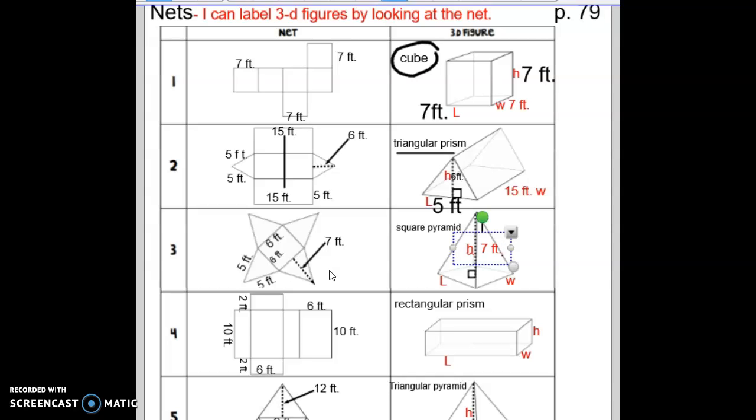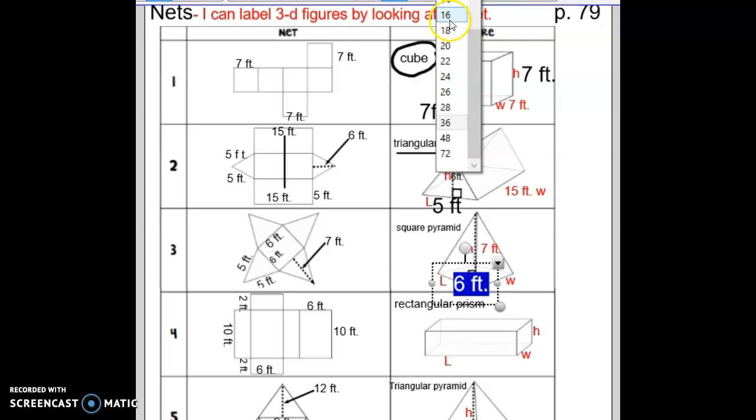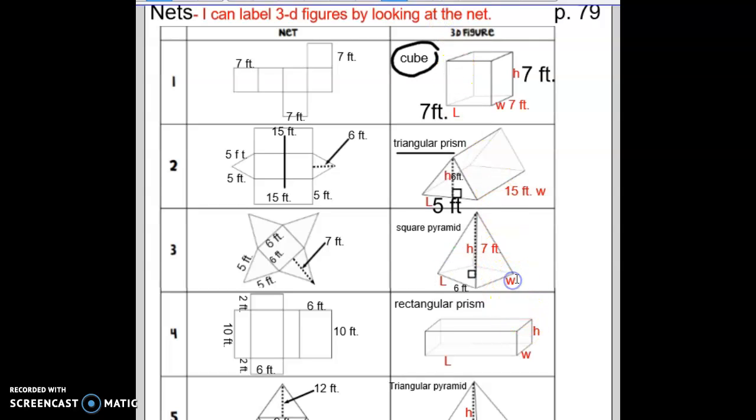Okay, now I want you to pay close attention to the square part. Of course, we know that a square has equal sides, so if this side of the square is 6, then this one is 6, which means the length and the width of this square pyramid are both going to be 6 feet. If I said 7 feet, I meant 6. So label both of those as 6 feet.